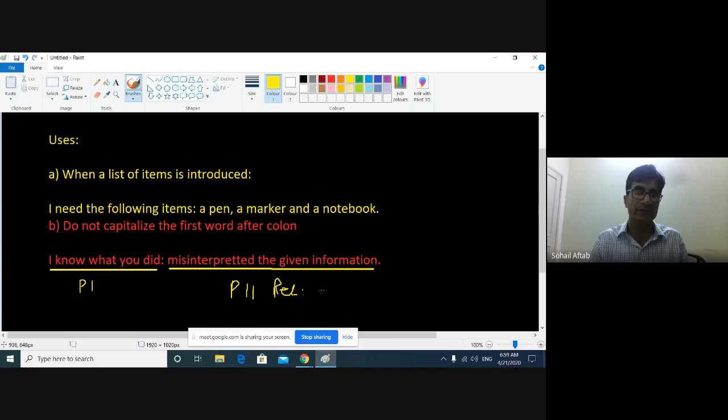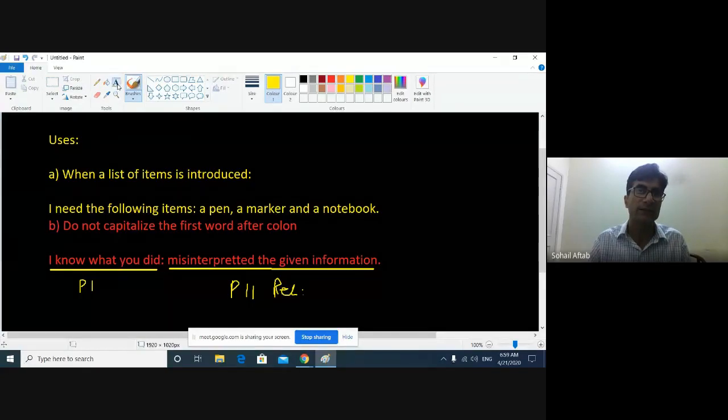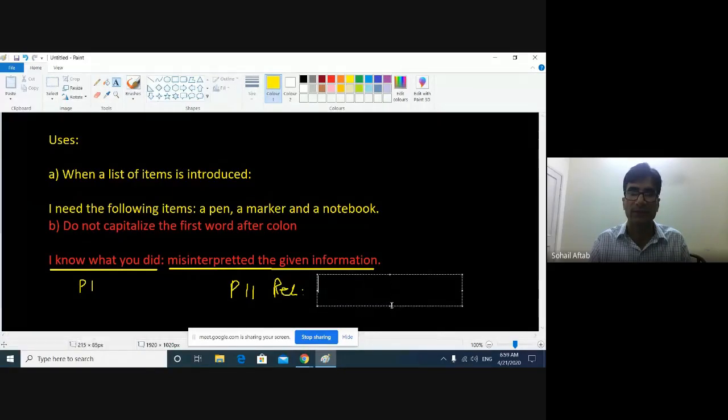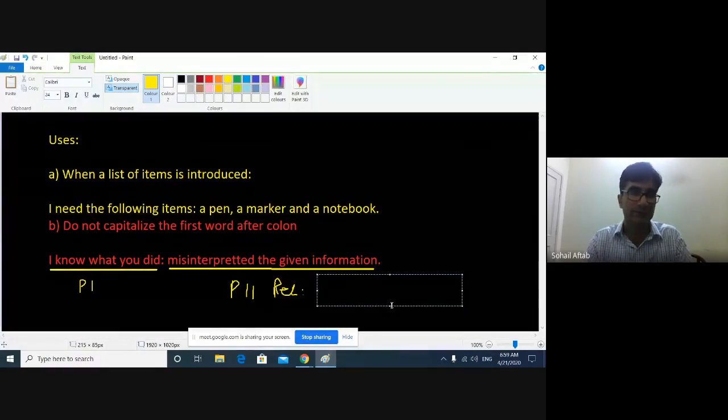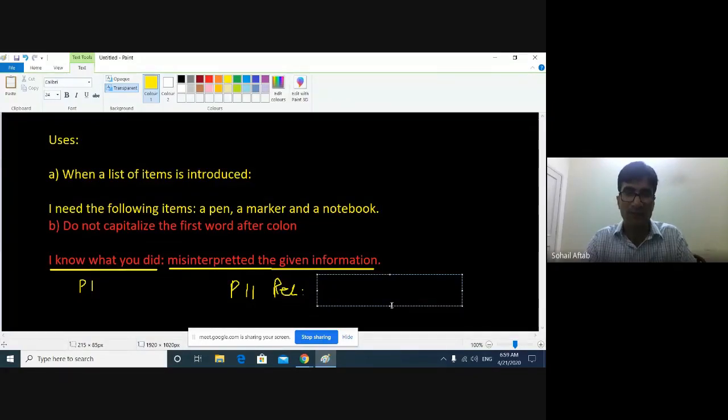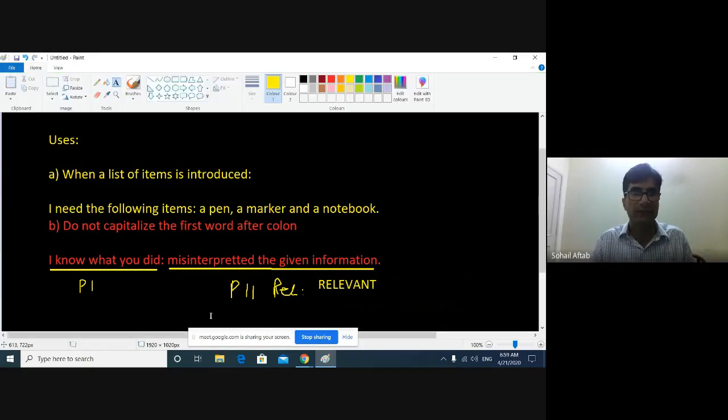The relationship between part one and two is that these two are relevant. How are they relevant? They are relevant in terms that this first part, I know what you did, and then you read the second part, misinterpreted the given information.